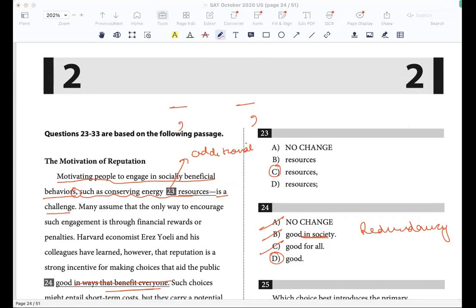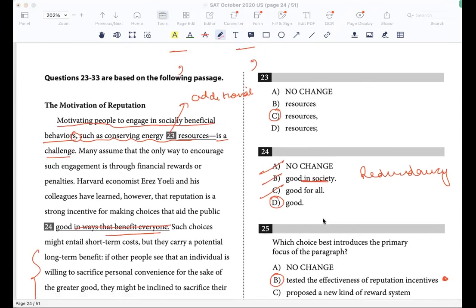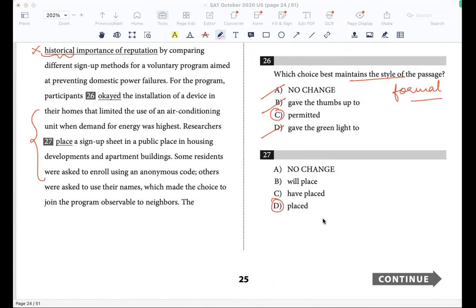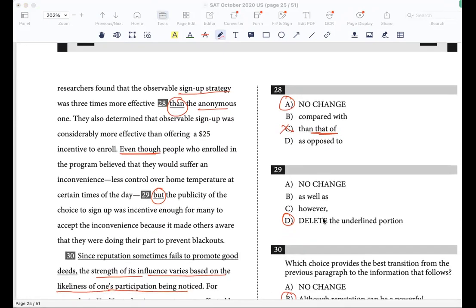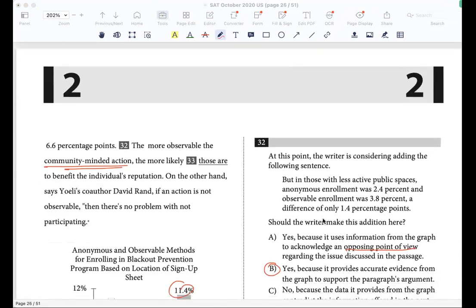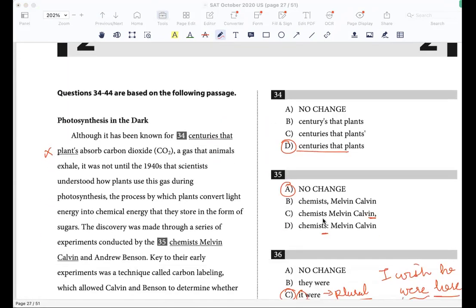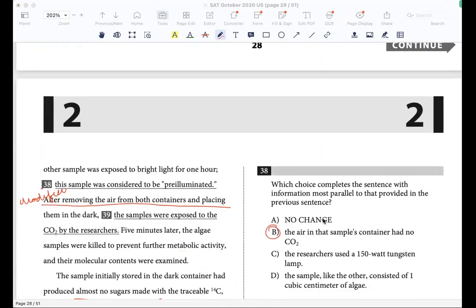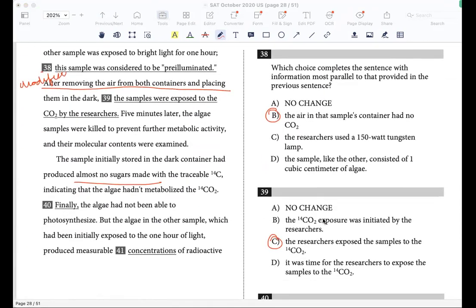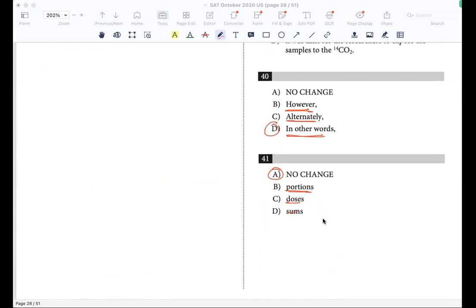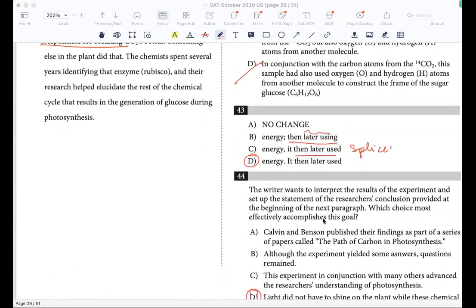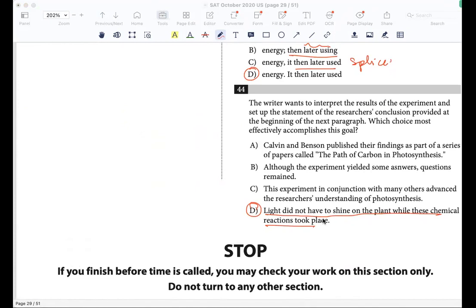Okay, C, D, B, C, D, C, D, B, C, D, A, D, B, A, B, B, A, D, B, A, B, B, okay. D, A, C, D, B, D, A, C, D, B, and C, D, A, A, D, D, C, D, A, A, D, D. Okay, so we got all correct.